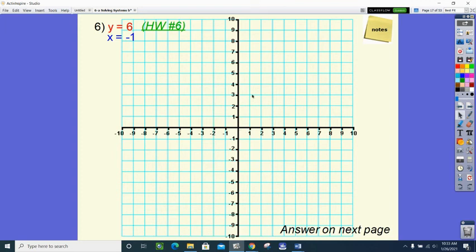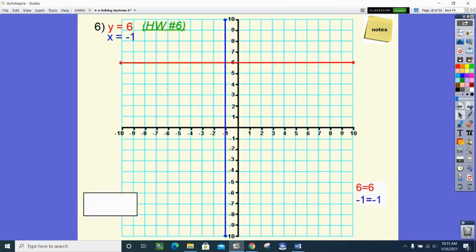So like 1, 6 and 4, 6 and 8, 6. Pretty quickly, you see this is a horizontal line. We just talked about vertical a minute ago. He would be a vertical line. Boom, they are perpendicular because one is horizontal and one is vertical. They meet at the point, shockingly enough, -1, 6. -1, 6 is the solution.